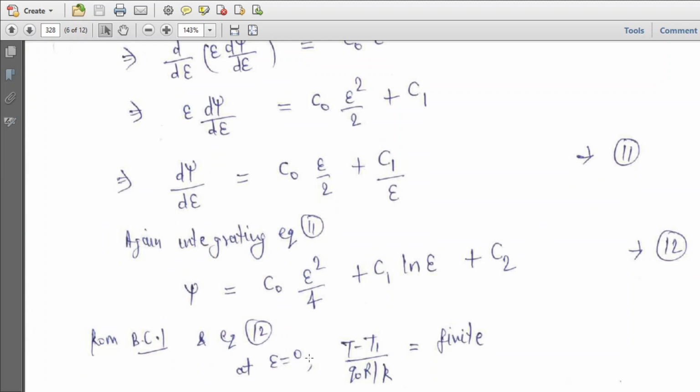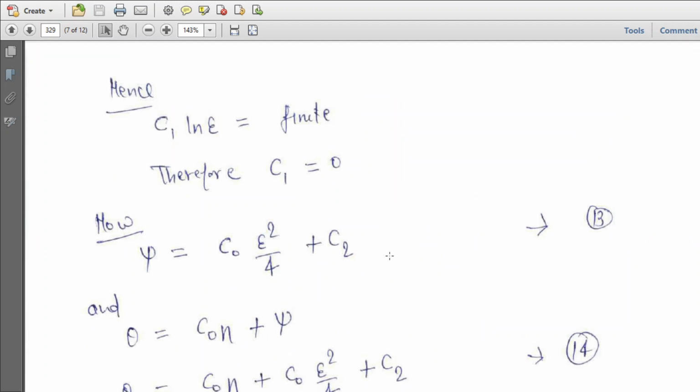At ε equal to 0, we want (T minus T1) Q₀ R/K to be a finite value. But the ln ε term would make it infinite, so C1 is forced to be 0. So your C1 is 0, and ψ equal to C₀ ε²/4 plus C2.